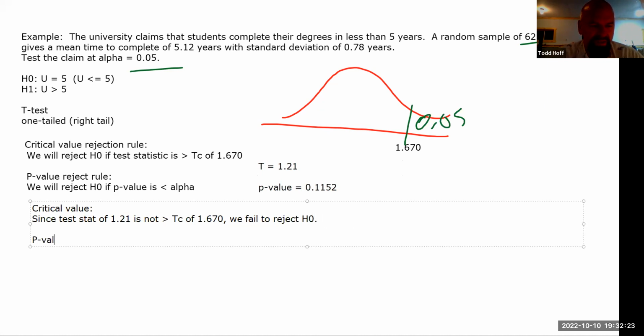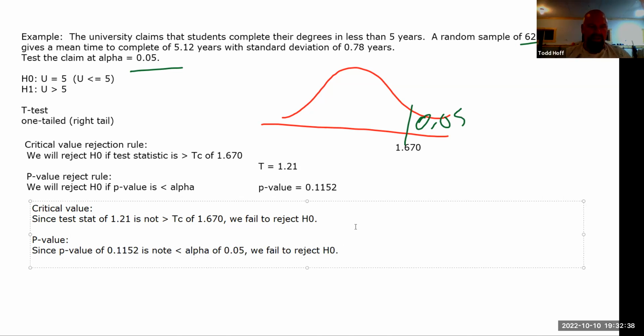Or if we're looking at the p-value, again, since the p-value of 0.1152 is not less than alpha of 0.05, we fail to reject the null hypothesis. So these conclusions will always be the same, whether you use critical value or p-value. They're just two different ways of going about it.